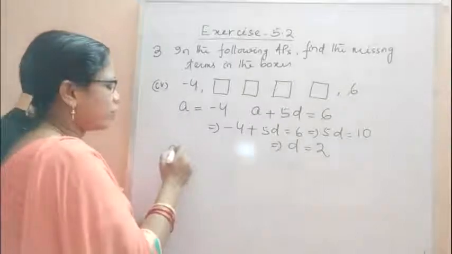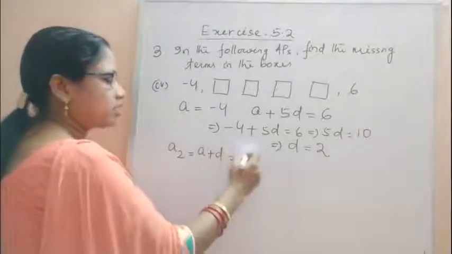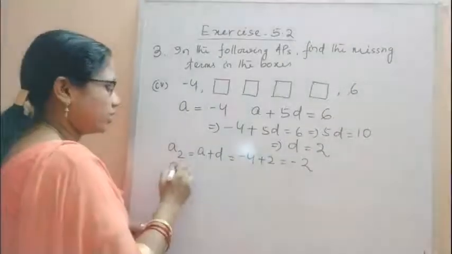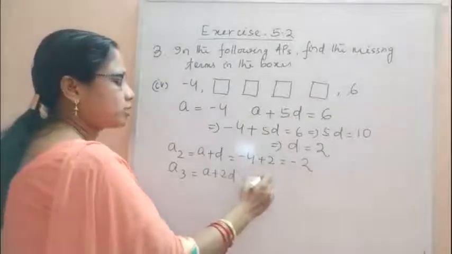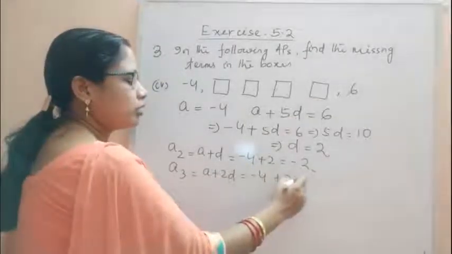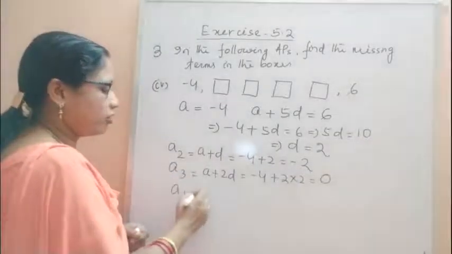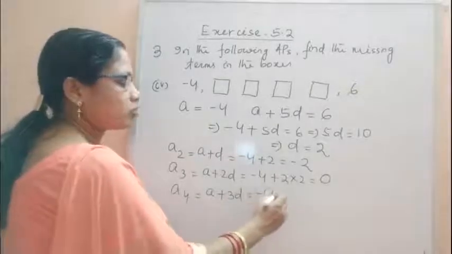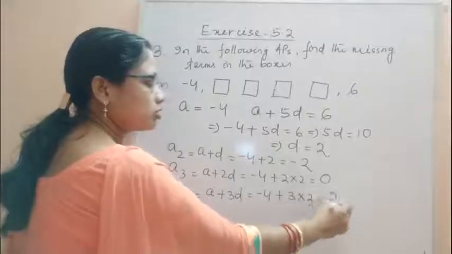So again we will find a2, that is a plus d, that is minus 4 plus 2, which is minus 2. Then a3, that is a plus 2d, that is minus 4 plus 2 into 2, which is 0. Then a4, that is a plus 3d, that is minus 4 plus 3 into 2, which is 2.